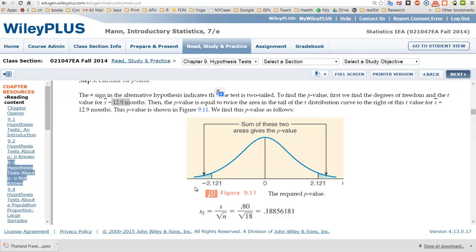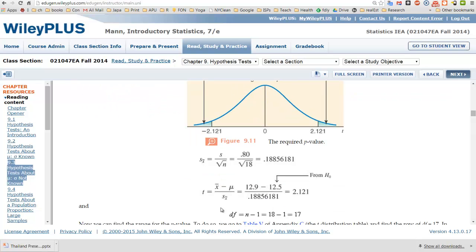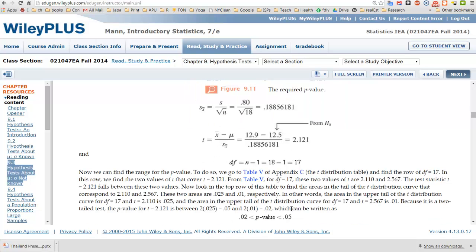We say the standard deviation of x bar, s sub x bar, is this divided by the square root of 18, the sample size. So it turns out to be this. That's the standard deviation for x bar. Then we can calculate x bar minus mu over that. So that's 12.9 minus the hypothesized value 12.5, divided by this, which is 2.121. Degrees of freedom is 17.